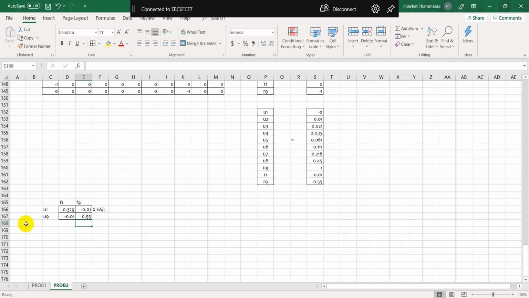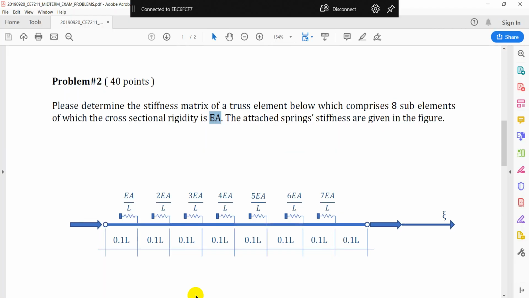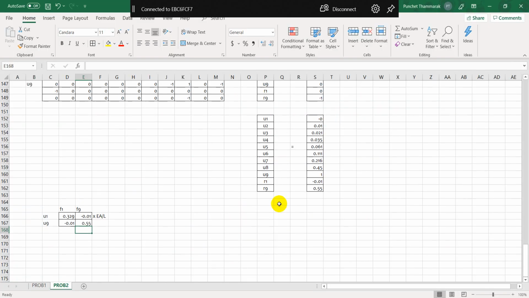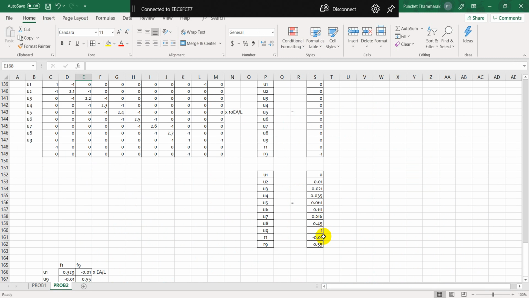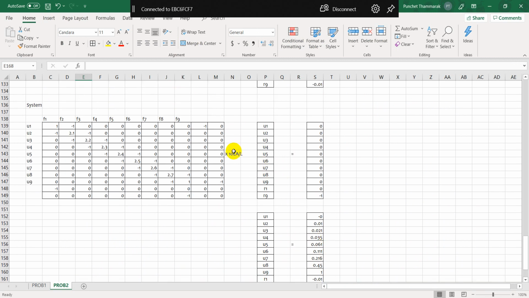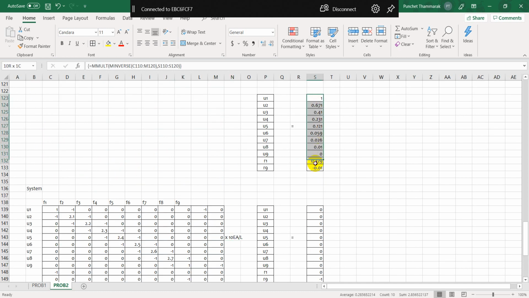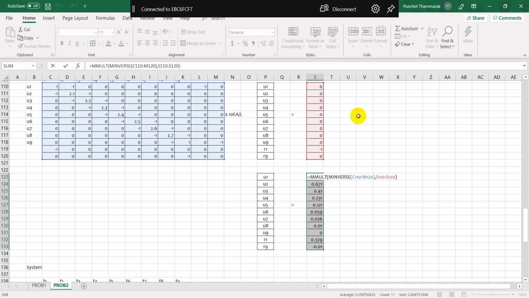Done. Second problem. 40 points. How about the 10 times EA over L? This is a scale. Yeah. So I can just put the 10 inside. All right. Thanks. The 10 is not there yet, so M inverse of that.